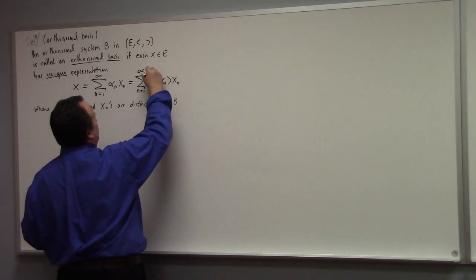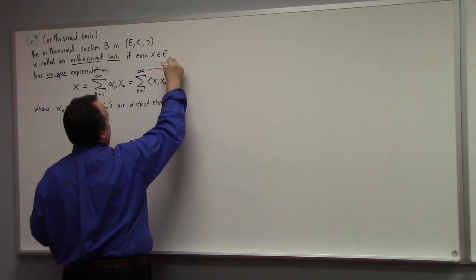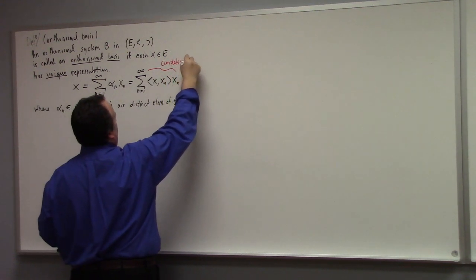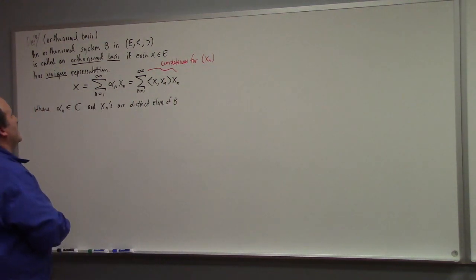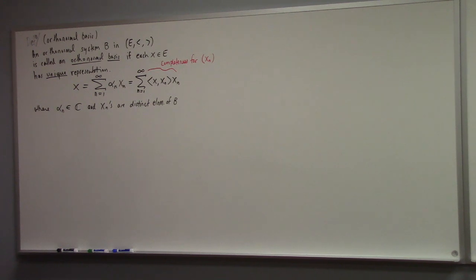Now the thing I'm wondering about, guys, is an orthonormal system, cardinality here. I don't think this definition is necessarily forcing the orthonormal system to be countably infinite, or even countable.